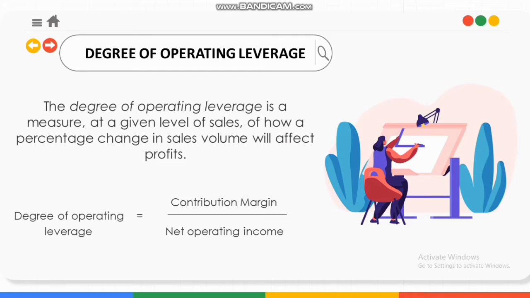Generally, a low degree of operating leverage indicates that the company's variable costs are larger than its fixed costs. That implies that a significant increase in the company's sales will not lead to a substantial increase in its operating income.